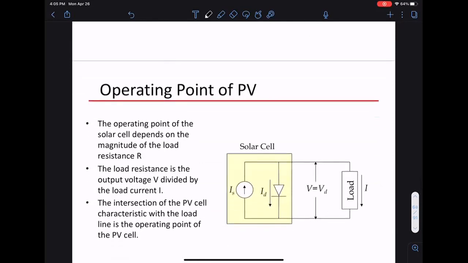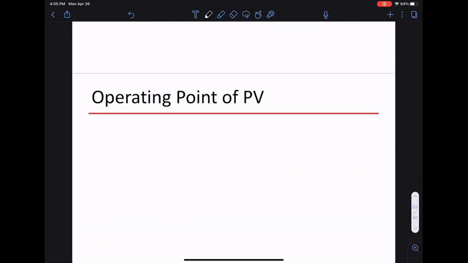Okay. So again, to be clear, we get to control the operating point, right? So we have a load. We get to control how much power we draw from the cell up to the maximum. So there are different operating points we can hit.